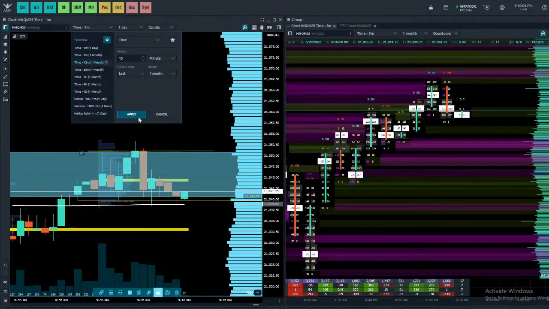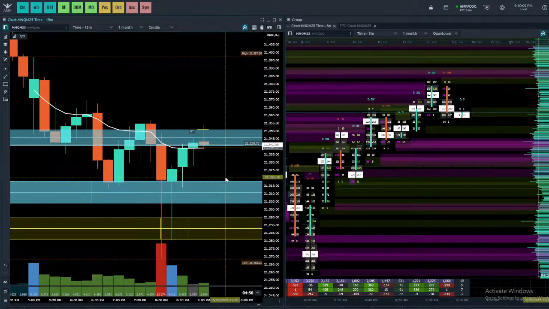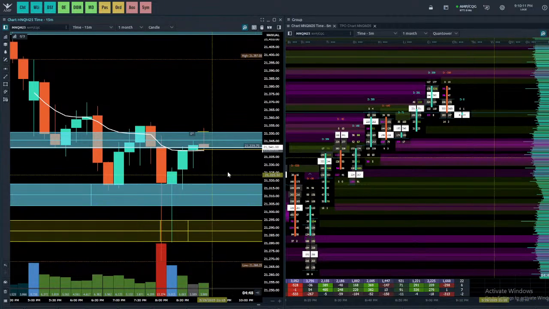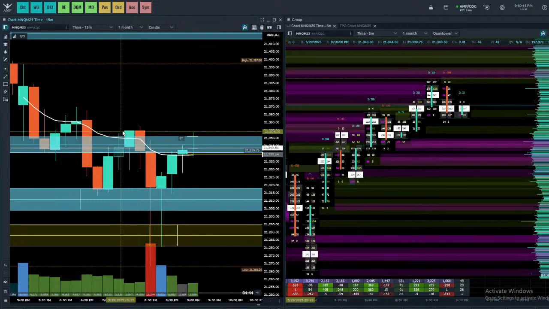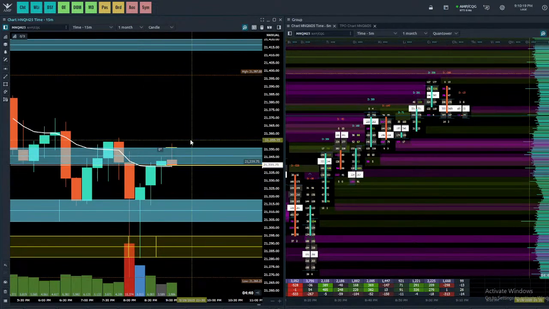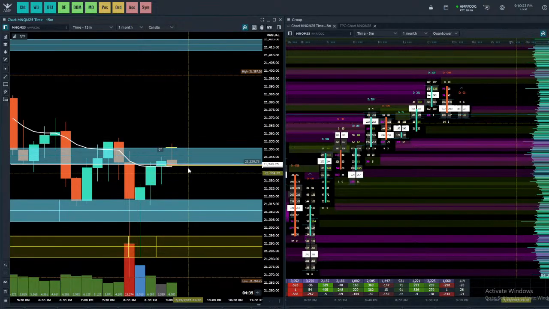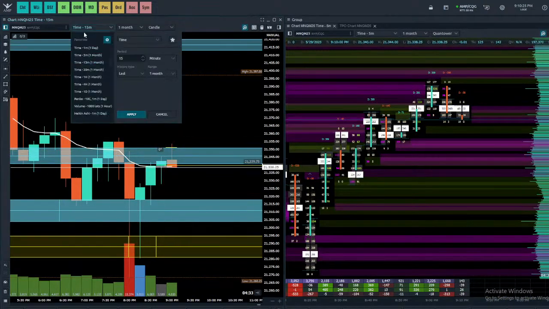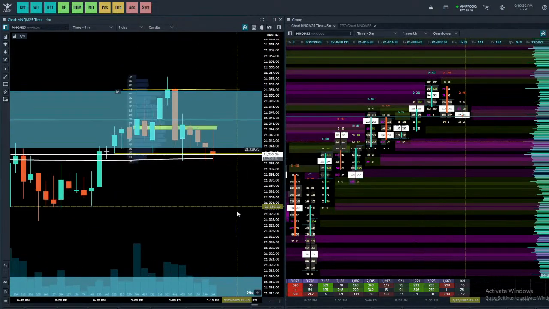I'm really trying to see this. Yeah. Equal highs right here. Okay. Boom. Sweep. Drop down. Create me a fair value gap. Okay, so that's for that strategy.